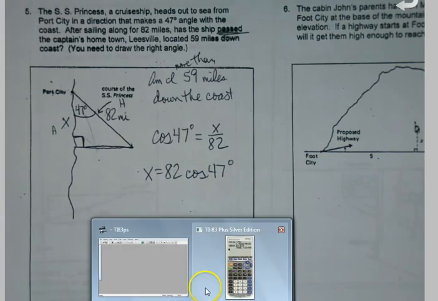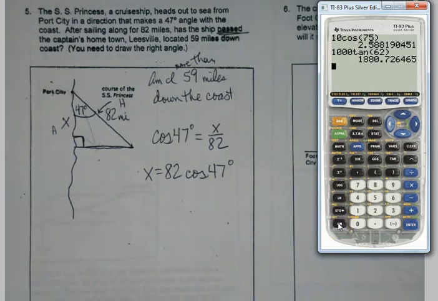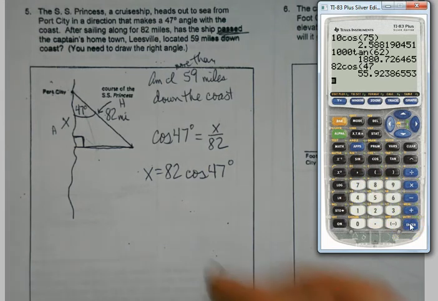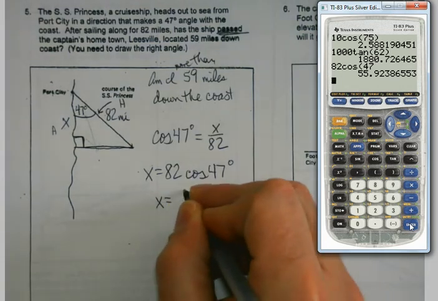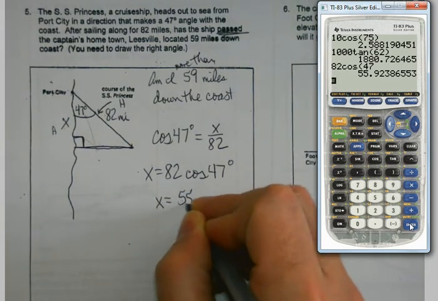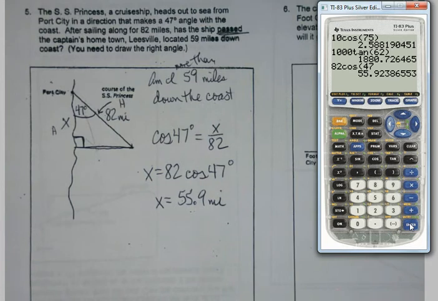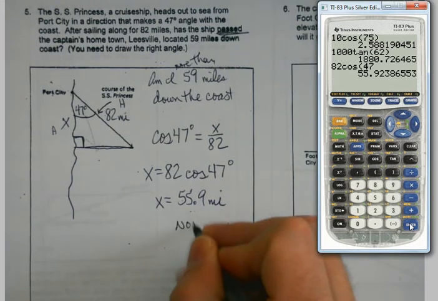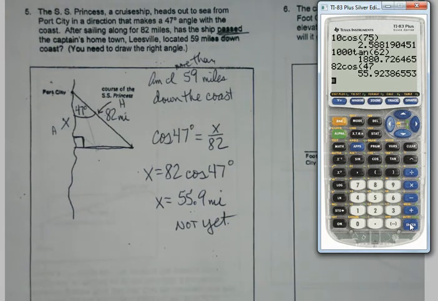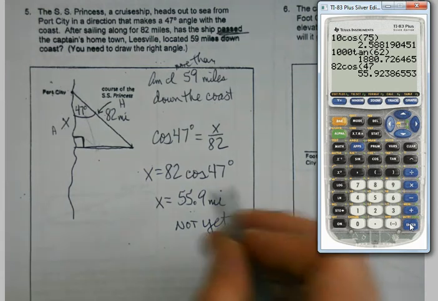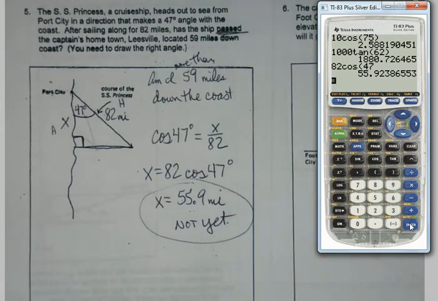So let's see if we've passed the old captain's hometown here or not. Nope, definitely have not yet. Soon, but not yet. Because we definitely are not 59 miles down the coast yet.